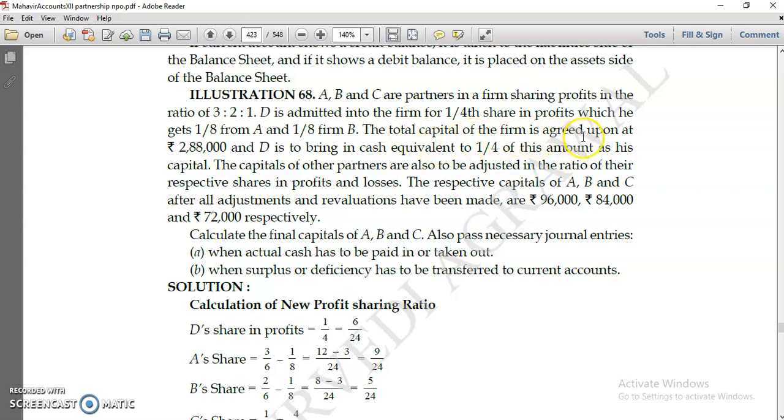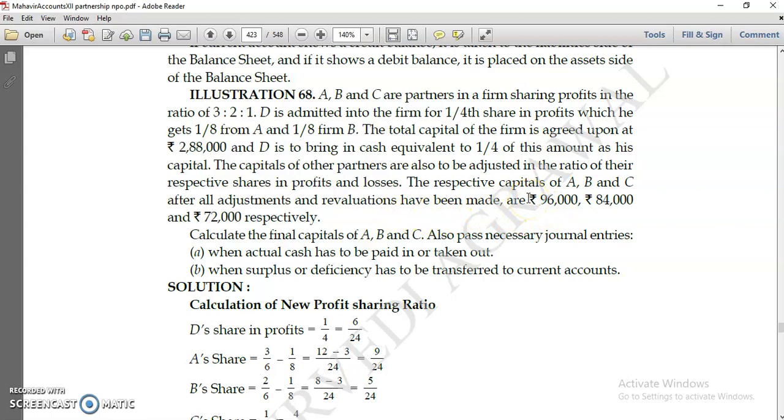The total capital of the firm is agreed upon at 2,88,000, and D is to bring in cash equivalent to 1/4 of this amount as his capital. The capital of the other partners is also to be adjusted in the ratio of their respective shares in the PSR. The respective capitals of A, B and C after all adjustments and revaluation is called adjusted capital.